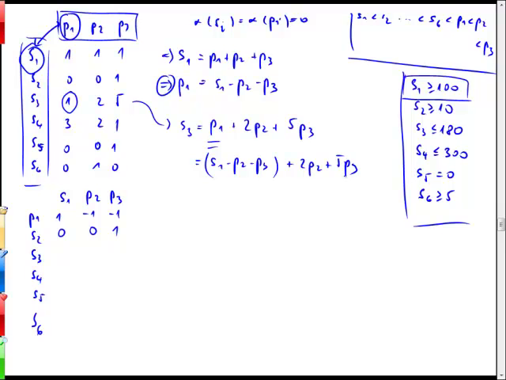So I take this column, and instead of the 1, I take 1 times this first row. So what I get is 1, then 2 minus 1 is 1, 5 minus 1 is 4. And I do this for all rows.